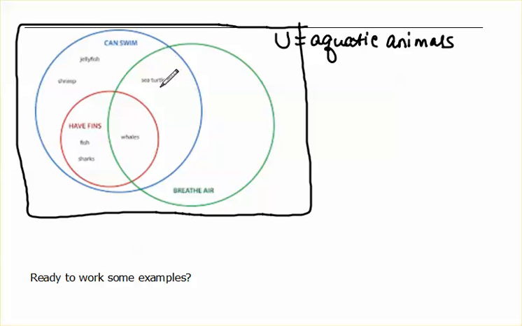They all can swim, actually, but sea turtles can also breathe air. They can live out on land. And then you have things like whales that can swim. They're also in the circle that means they have fins, and they're also in the section that they breathe air. They have to come up and breathe air from time to time. Then you have these that can swim and also have fins but don't breathe air. Those are fish and sharks.